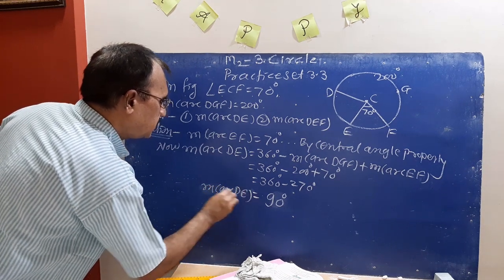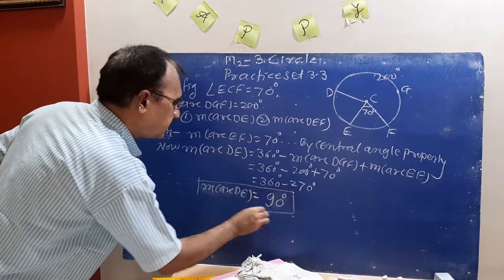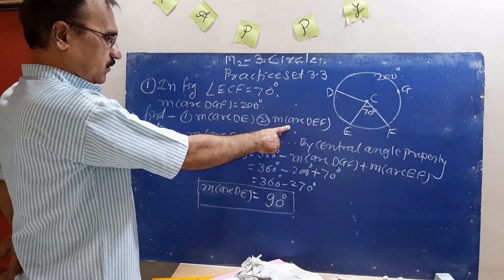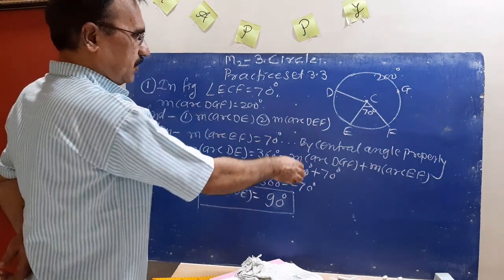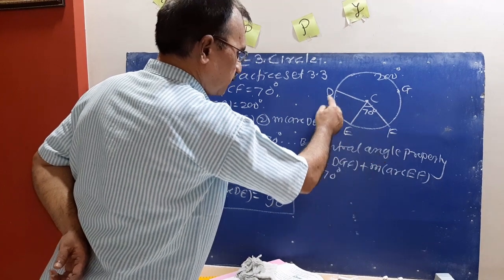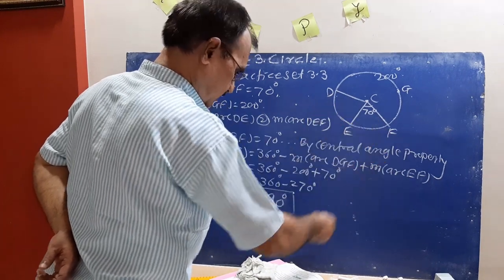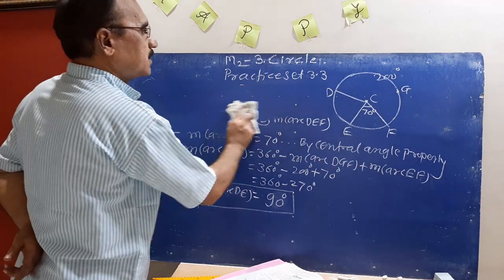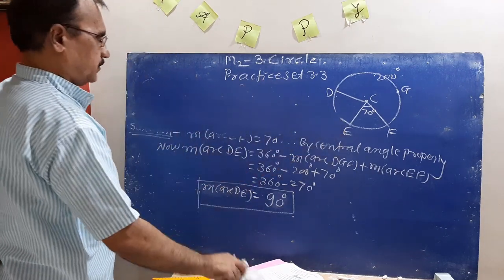Measure arc DE is equal to 90 degrees. Okay. Now the second one, measure arc DEF. DEF, this one.